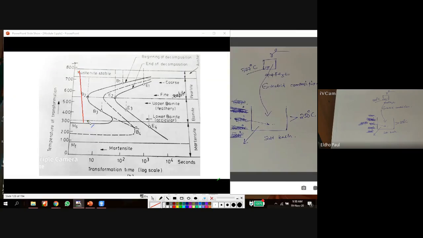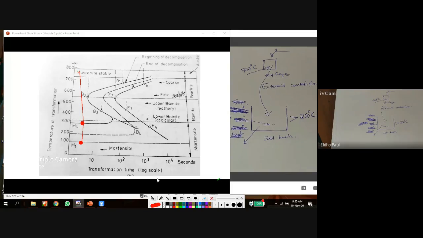So here the curve is not going in the right side direction, but it crosses this curve. Actually, the curve is shifted like this after 250. See this? So the curve after this point crosses the curve like this, and here we get another microstructure called martensite.